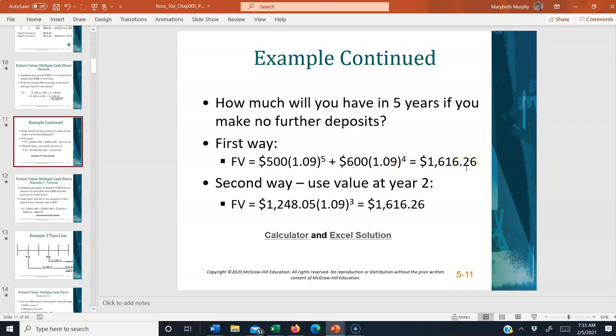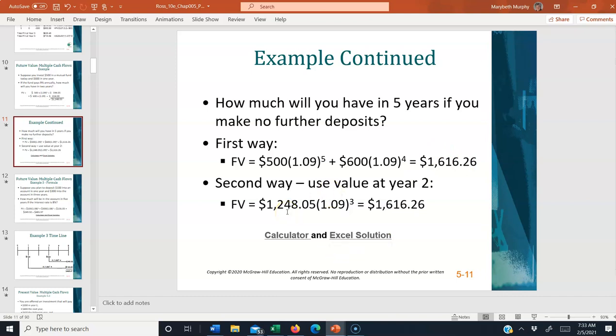So we would have 1616.26. Okay, so again, just as a double check, you deposited 500 and 600, and that's going to give you $1,100. At the end of 5 years, you're going to have $1,616.26. It's more, that makes sense because you've earned interest.